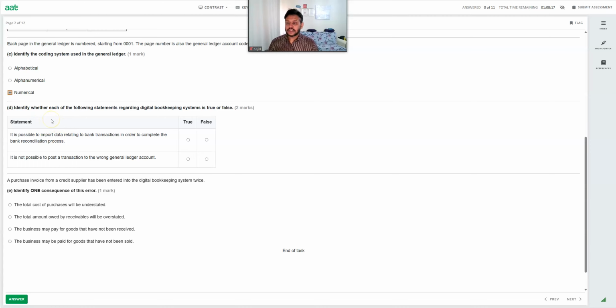Alright, so identify whether each of the following statements regarding the digital bookkeeping system is true or false. It is possible to import data relating to bank transactions in order to complete the bank reconciliation process. Definitely it is true, because you can always import.